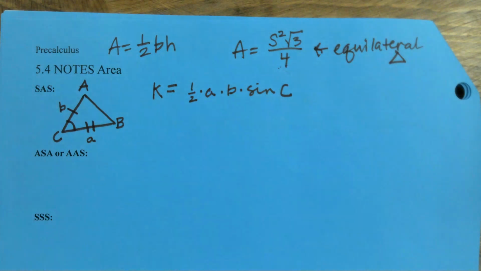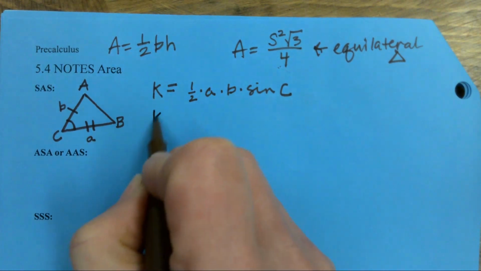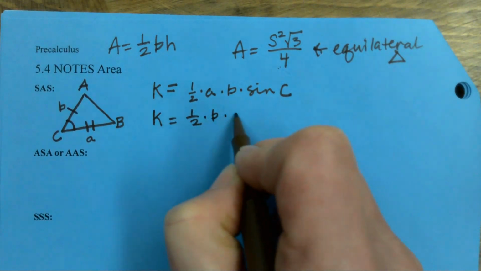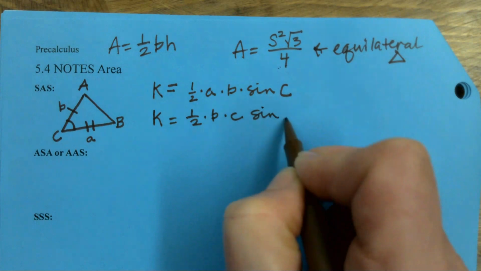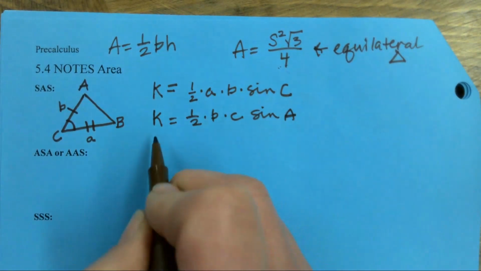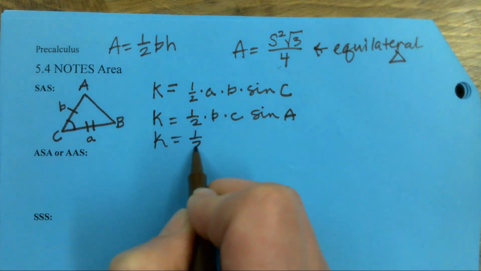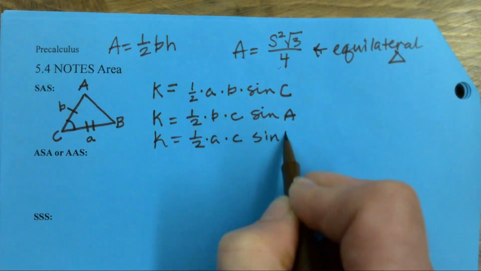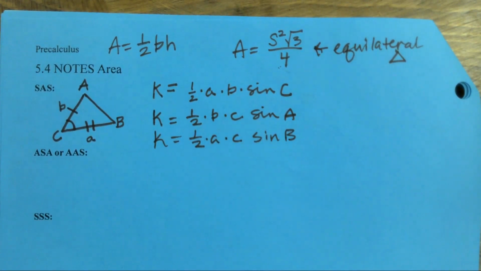Now remember, it's not about the letters on the sides as much as it is about the location. And so there are variations of this. If I'm given side B and side C, then I need to know angle A. And if I'm given side A and side C, then I need to know angle B. Those are all the same formulas.